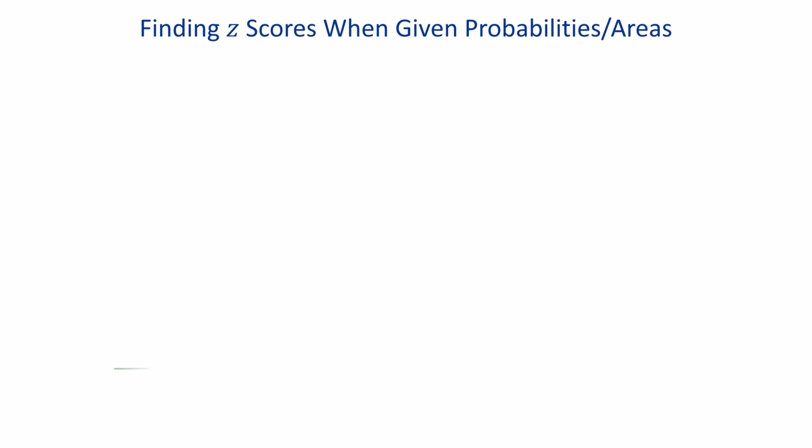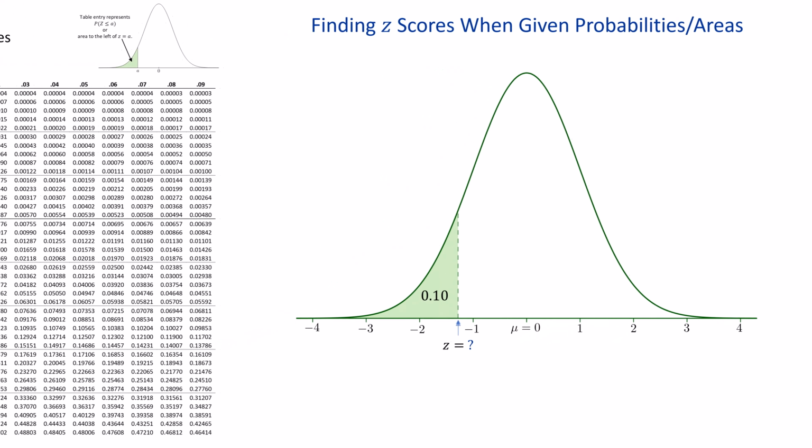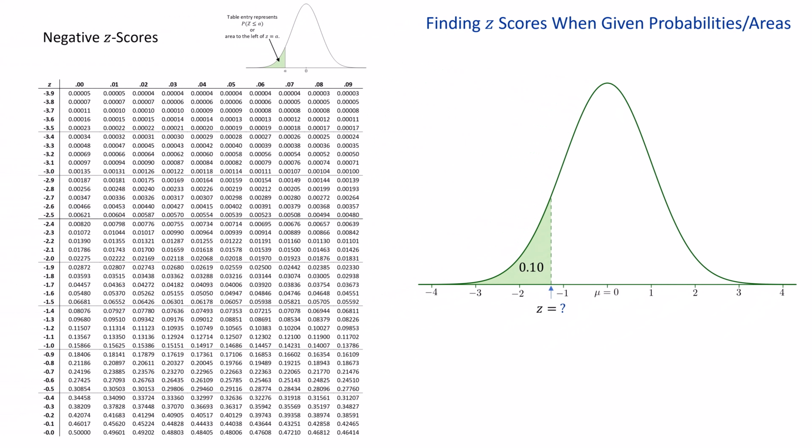Let's try another example. This time we're given a cumulative probability of 0.10, or in other words, we're given that the area to the left of an unknown z-score is 0.10. Notice that this probability is less than 0.50, so we're going to look at the negative section of the z-score table, since the probabilities inside of the table vary from a number close to 0 up to 0.50.